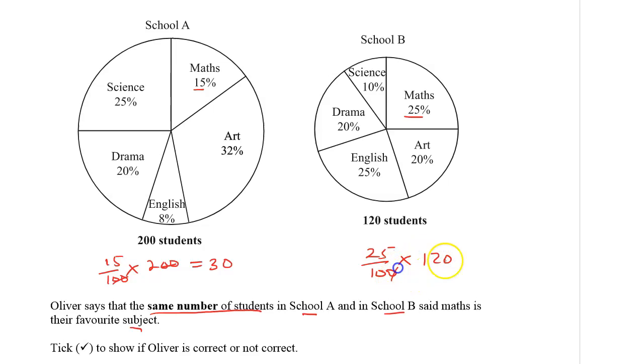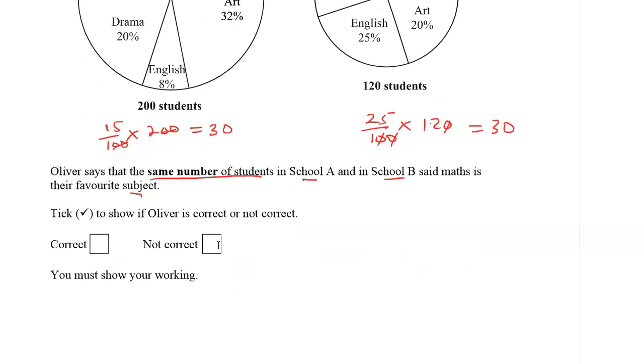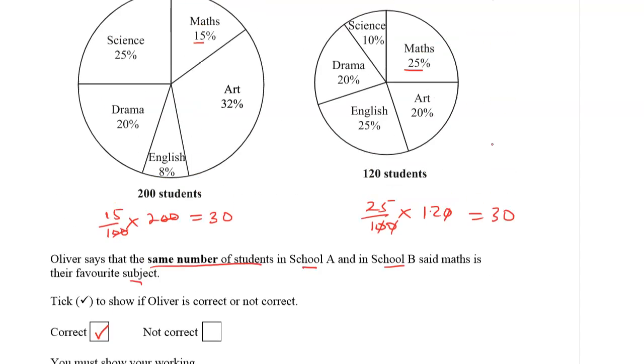I did it wrongly, let me correct that. It's not the other way around. So cancel this, and this will be 0.25 times 120. This will give you 30. So 30 students in school B love maths, and 30 students in school A love maths. So tick to show if Oliver is correct or not. Oliver is correct. You must show your working. My work is up there. So school A and school B are the same. Very good.